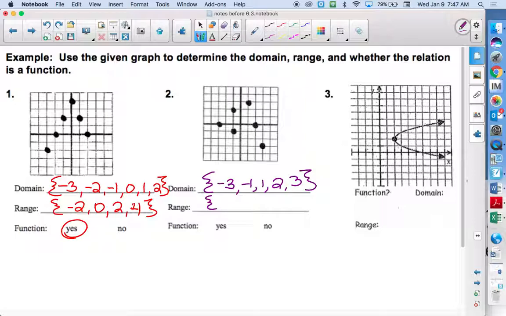Tatum, how about the range values? And then the last question, is this a function? Matt? Why not?